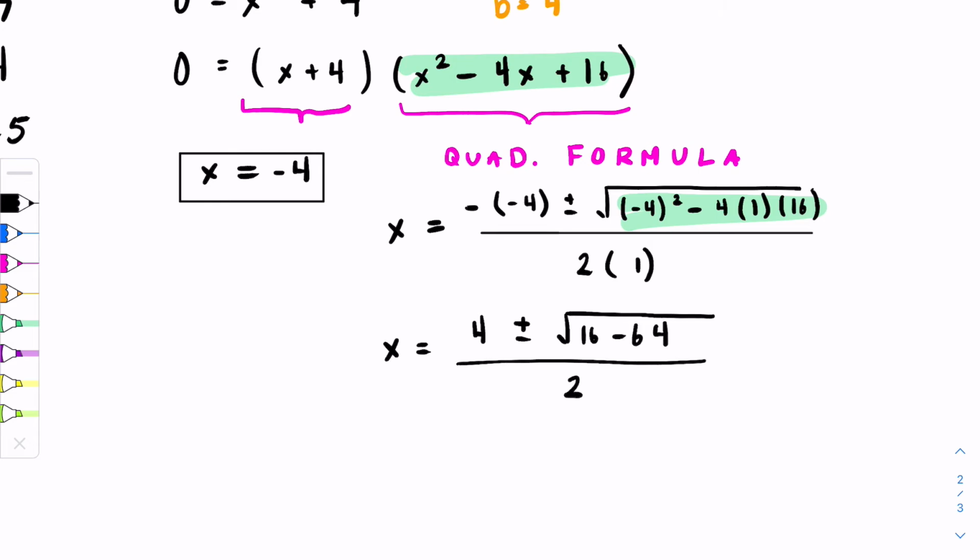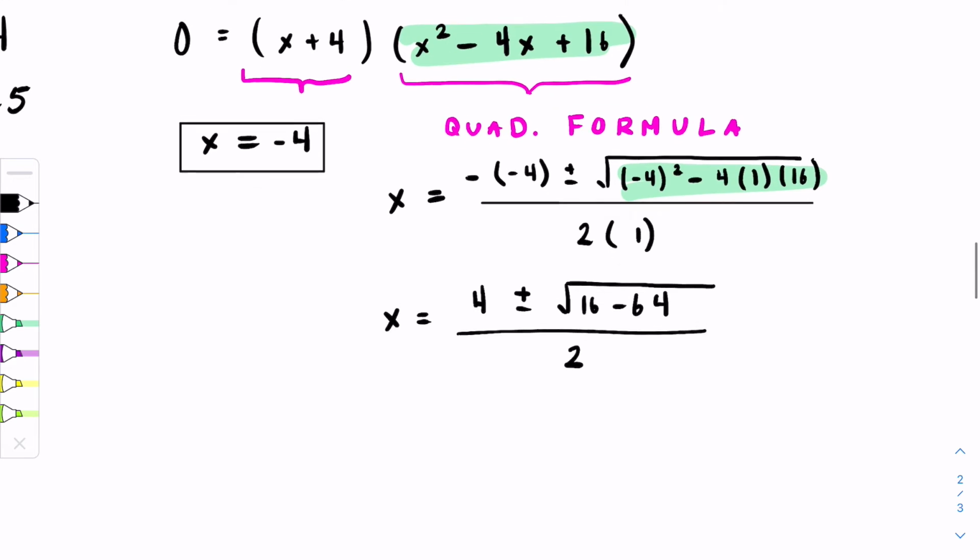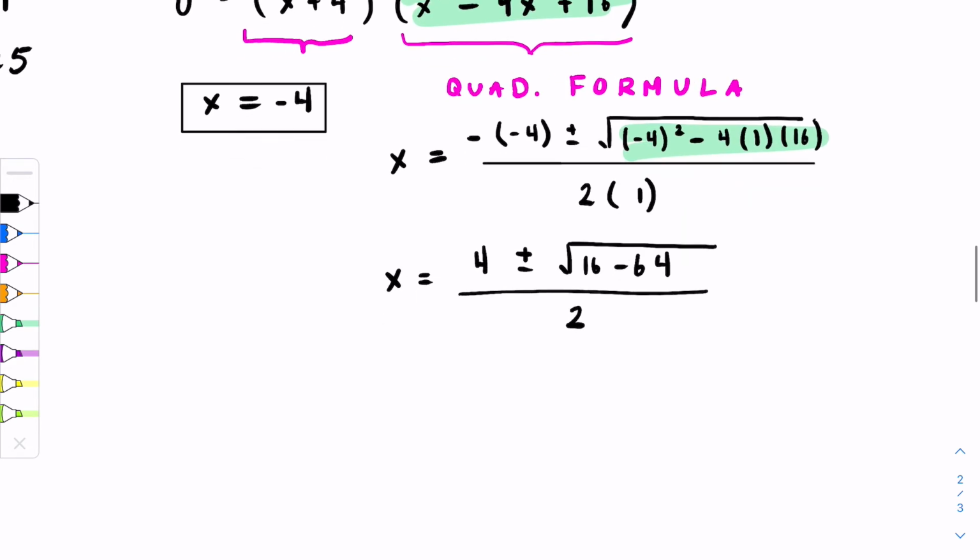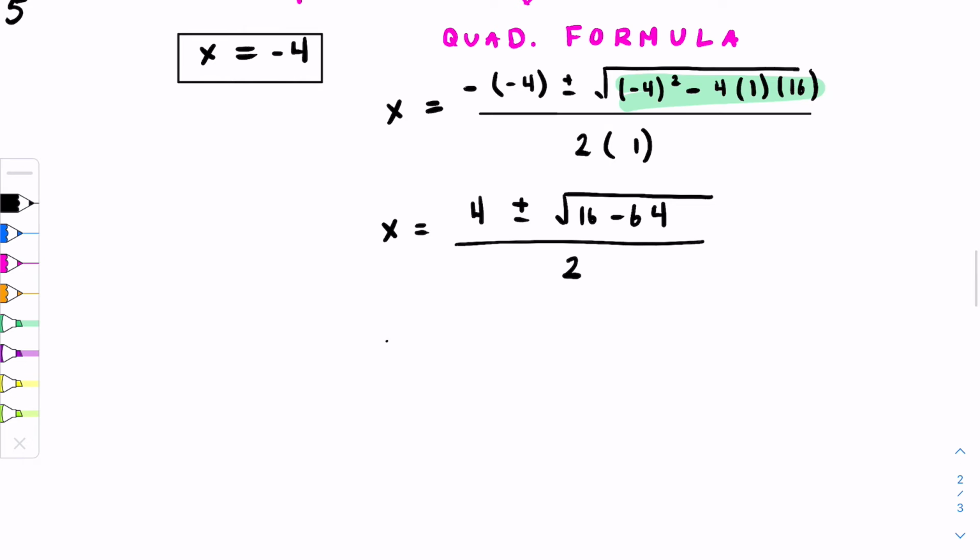And this is divided by 2 times 1, or 2. X is equal to 4 plus or minus the square root of 16 minus 64, which is -48, divided by 2. And then off to the side, I'm going to simplify the square root of -48.